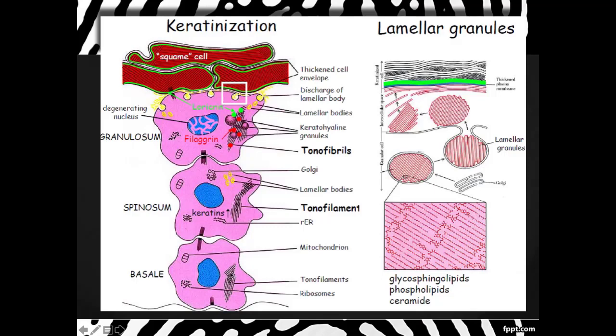You can see the keratin filaments, which are present in a cytoplasm. Keratin filaments then aggregate into tonofibrils. Tonofibrils are attached together by proteins like filaggrin, not only filaggrin, but also loricrin.